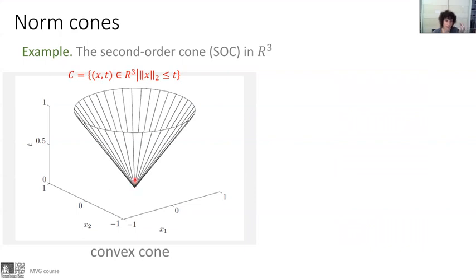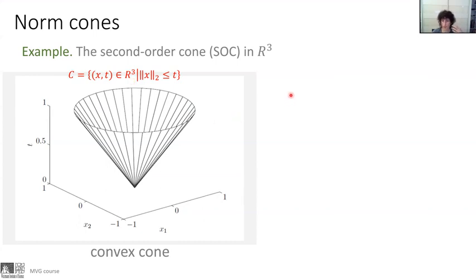If I'm going up with t, I am enlarging the disks and I allow the set to be wider and wider, so this is going to infinity. And actually, this is a convex cone in R3, and it has a special name. It's called the second order cone, SOC, in R3.